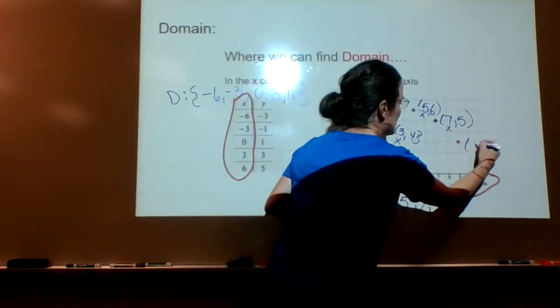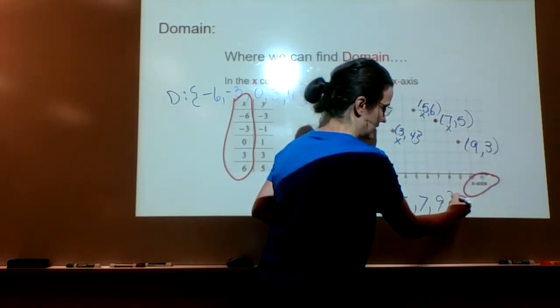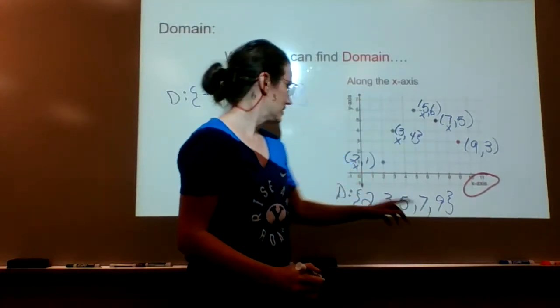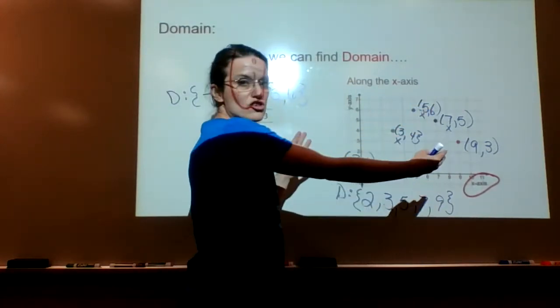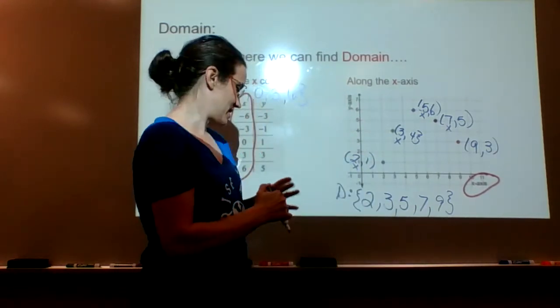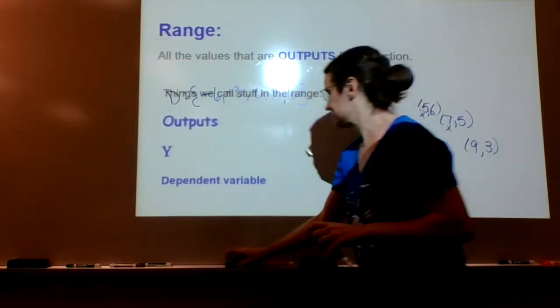And the last one is at (9, 3), so 9 is in your domain. Then you close it off with another curly bracket. So your domain for this function of dots is listed out right here. You make your list, you check it twice, and then you move on.